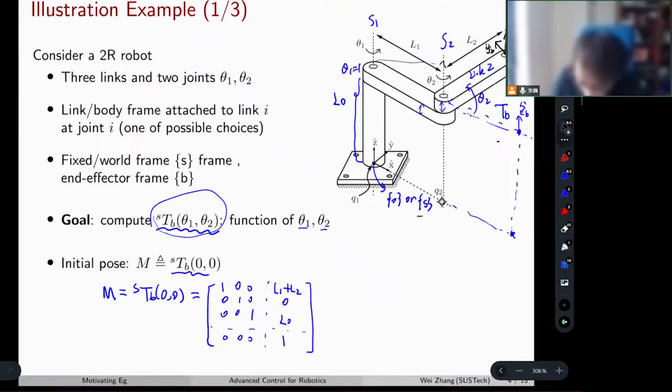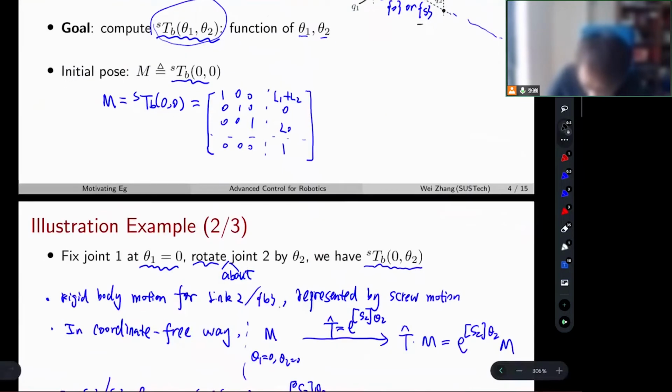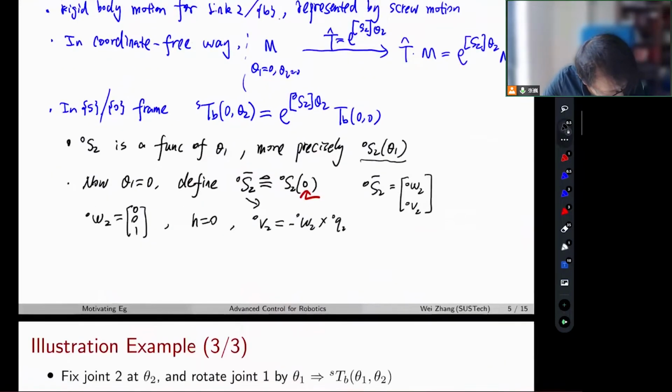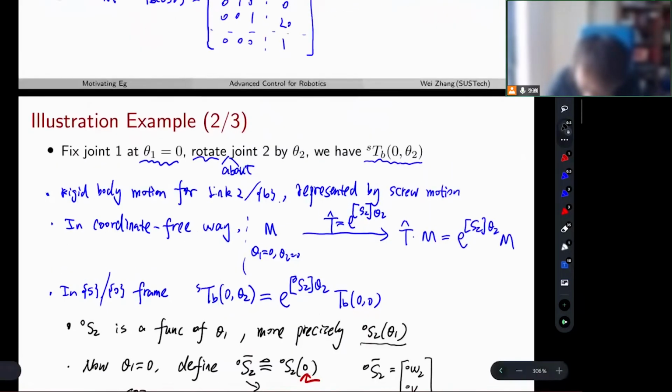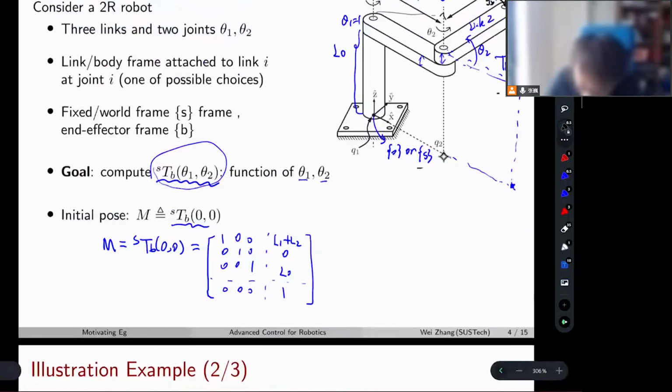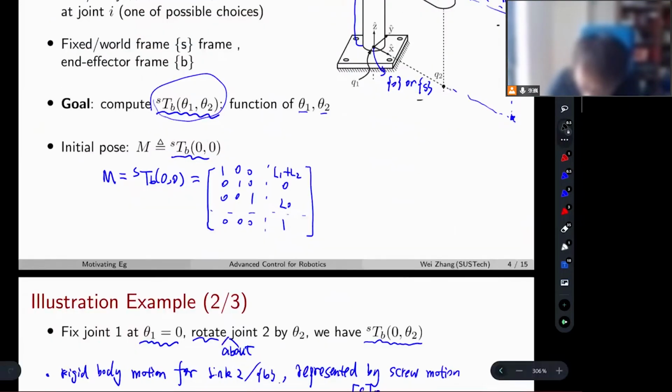So this is 0, 0, negative 1 cross the coordinate of Q2 in 0, which is L1, 0, 0.